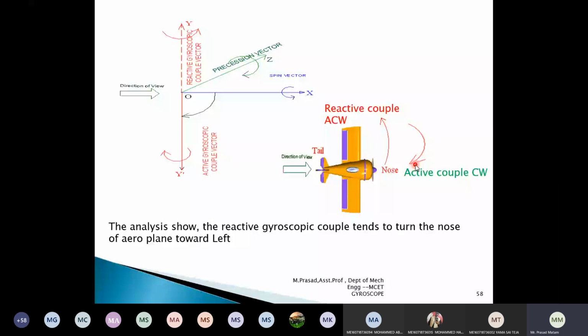See the arrow mark. It is my anti-clockwise motion. The reactive couple is rotating in the anti-clockwise where I am showing the cursor. Similarly, the active couple is rotating in the clockwise like this. You can see this. Got it.